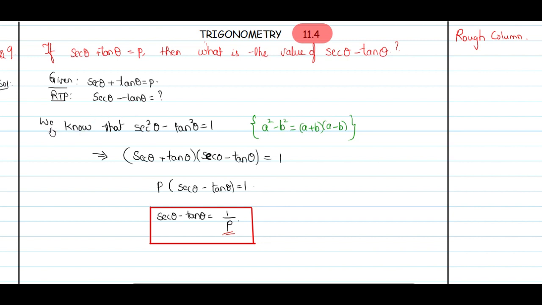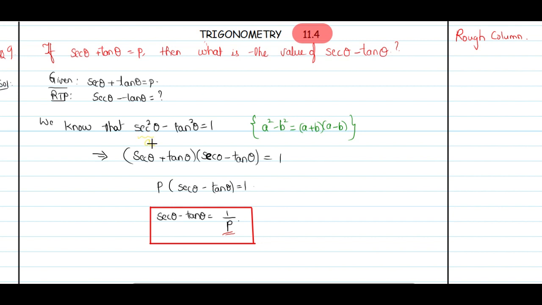We know one of the identities of trigonometry, that is secant square theta minus tan square theta is equal to 1. Actually, this is in the form of a square minus b square. Anything which is in the form of a square minus b square can be written as (a plus b) into (a minus b). So, what will be our a here? The a will be secant theta.